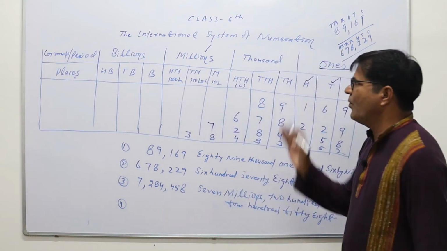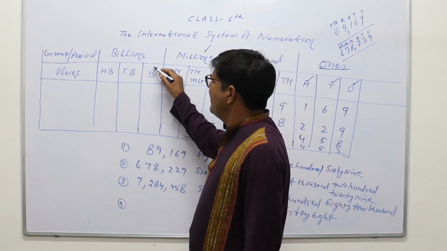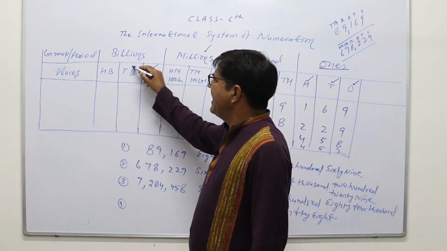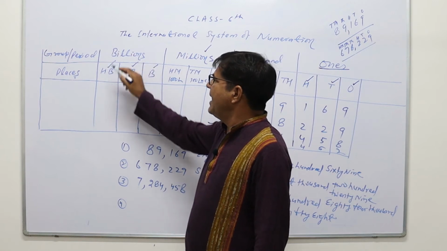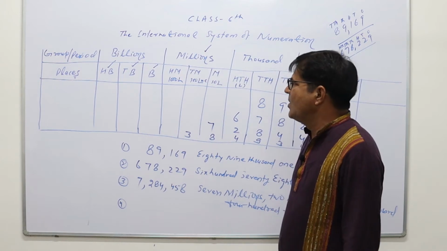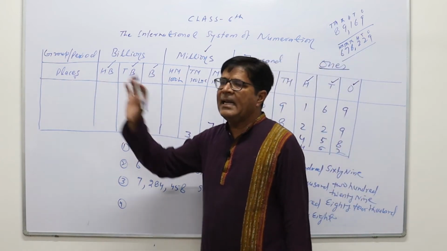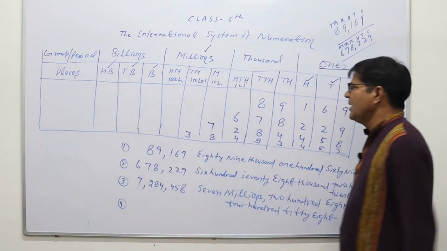Similarly, the fourth group is of billions: billions, then 10 billions, then 100 billions, and the next, fifth group is known as trillions. So the trillions, 10 trillions and then 100 trillions.